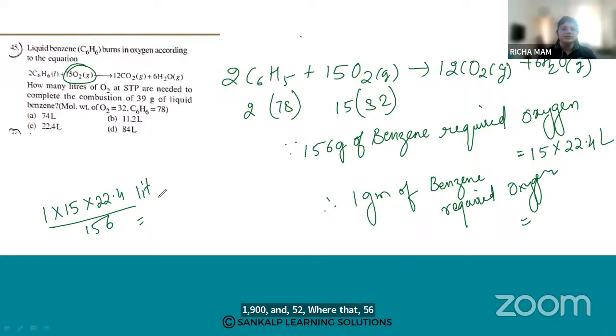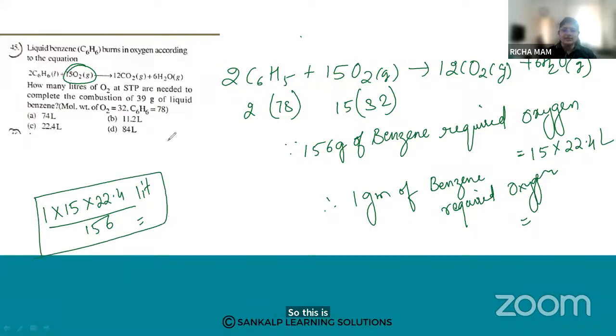So we have calculated this for 1 gram. Now what they have asked is how many liters of oxygen at HTP are needed for 39 grams.